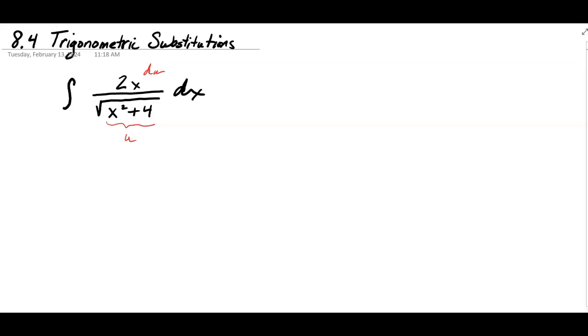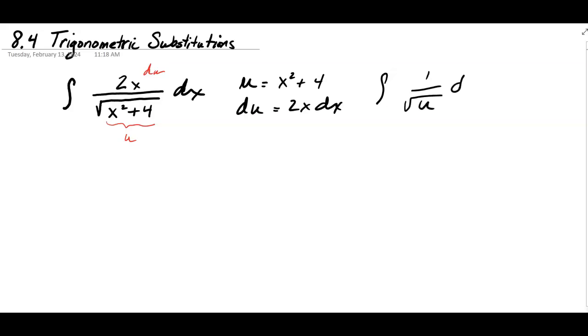Because we can then let u equal x squared plus 4. Oh, du is 2x dx. So when I sub it out, I'm just going to get 1 over radical u du, which is the integral of u to the negative 1/2 du, and that's something you can integrate.